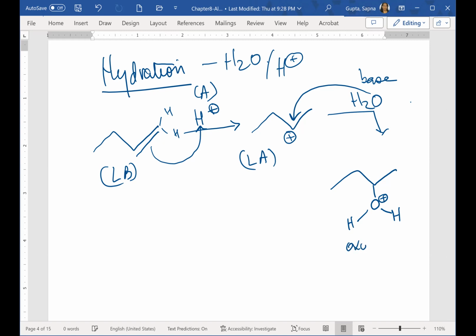Again, remember, this is called the oxonium ion. We have talked about it before. Doesn't hurt to write the name again. Oxonium ion is whenever you have oxygen with 3 bonds on it. So now we just need to make sure that our oxonium ion is not stressed out, which means that we need to pick up this proton from there. So we have now an alcohol.